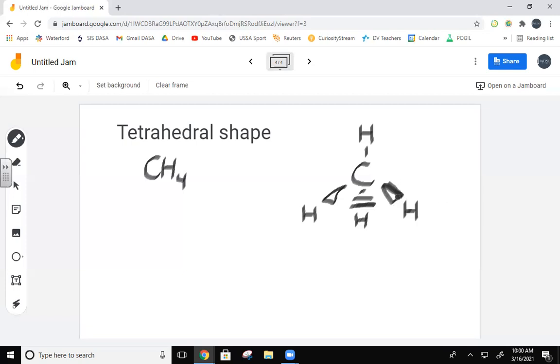So the little lines mean that the atom is going away from you. Okay? I am going to attempt to draw this, and it's going to be very ugly. So let's look at this. We've got a carbon in the middle. And what color did I use for hydrogen before?